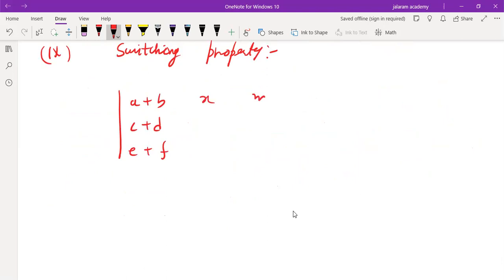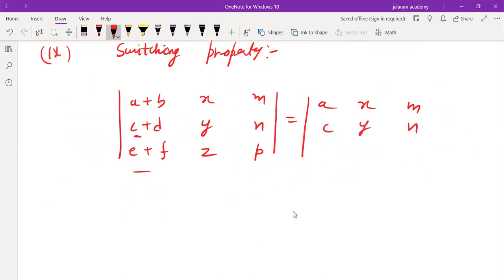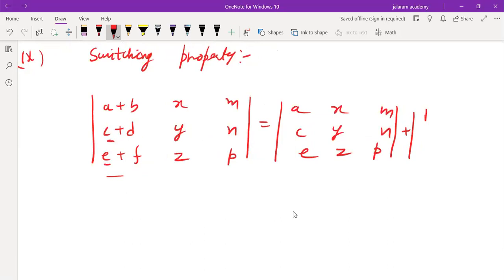So the first column can be switched: the determinant with first column A, C, E and columns X, Y, Z and M, N, P, plus the second determinant with first column B, D, E, and columns X, Y, Z and M, N, P, like this. This is the switching property.